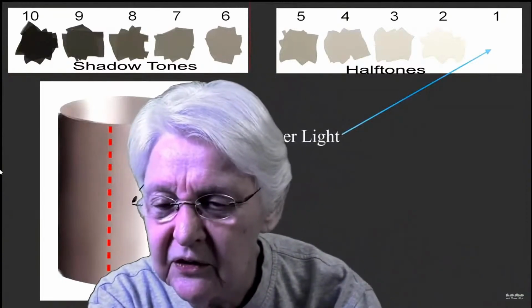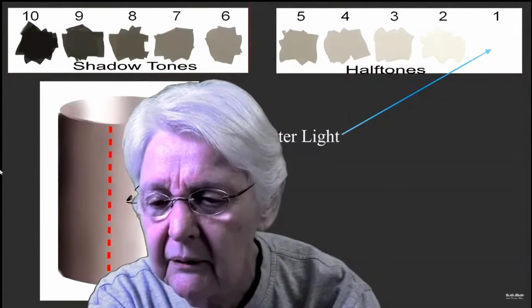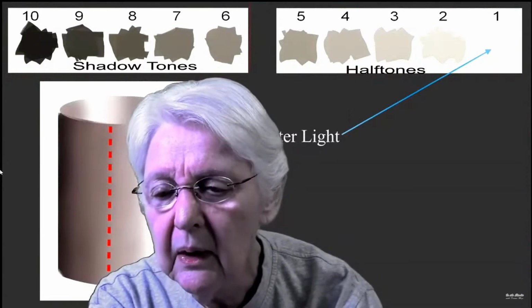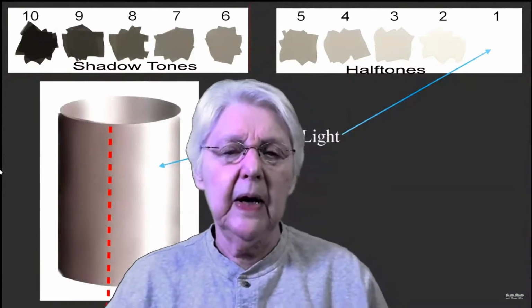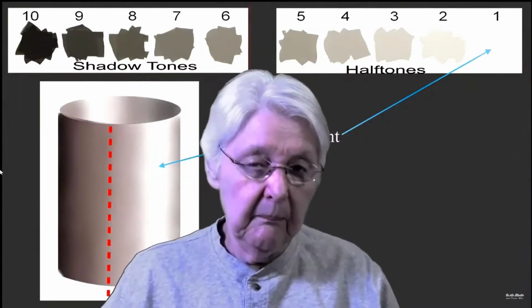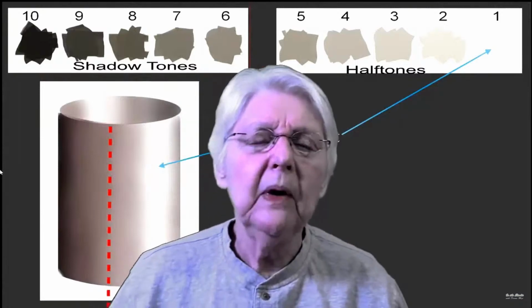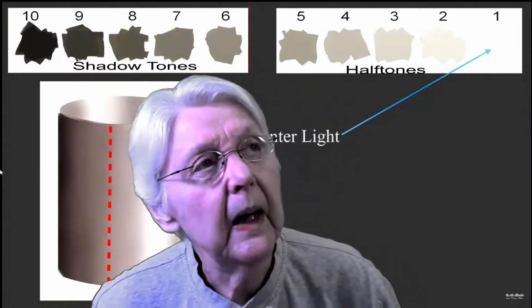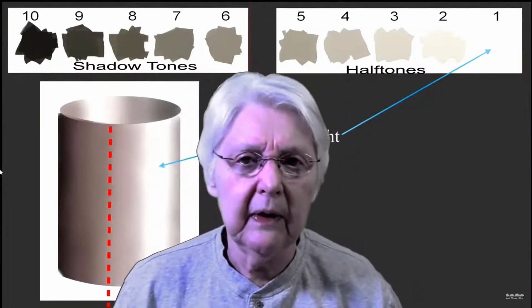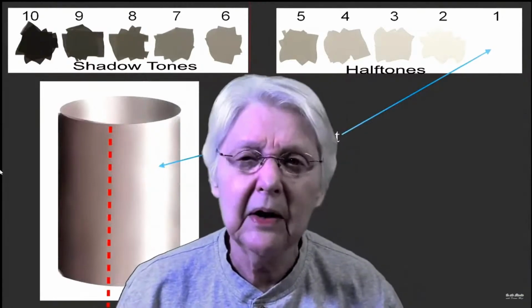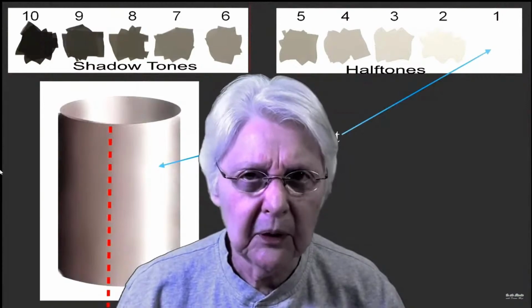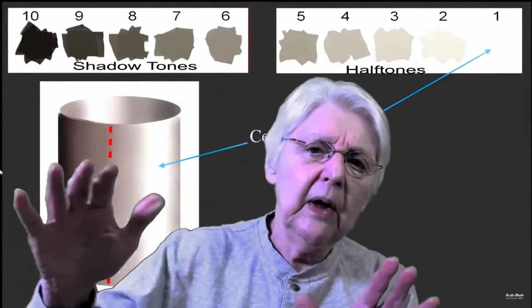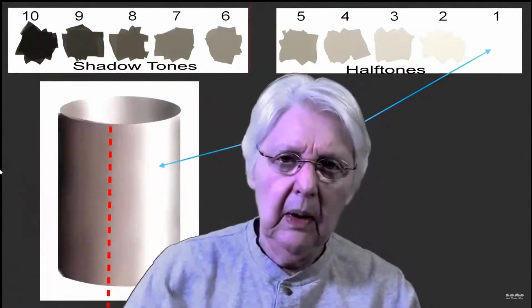Could you talk about how halftones will react on an overcast day? Yeah, they're going to be really narrow on an overcast day. That's the reason we might even think of them as being, in some cases, unpredictable, because when we use the term predictable, we're talking about a gradation that we can count on.